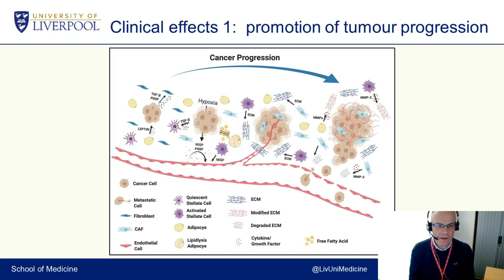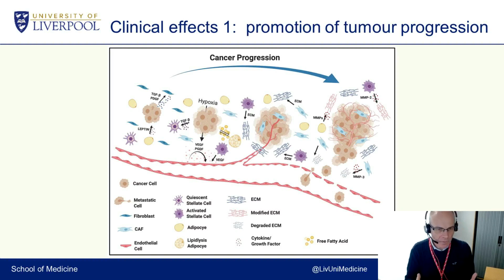And you can see in the diagram here, as a tumour progresses from the very earliest invasive stage, and there are some fibroblasts around that, activated stellate cells and other cells. Once it progresses and it starts to grow, you factor in hypoxia, you begin to get the production of a number of cytokines. The extracellular matrix then changes, so you get an altered extracellular matrix, which may become stiffer.